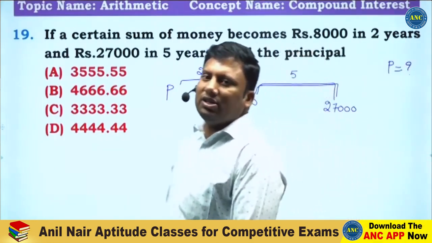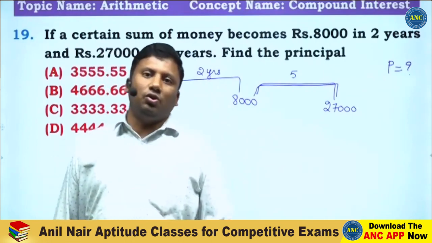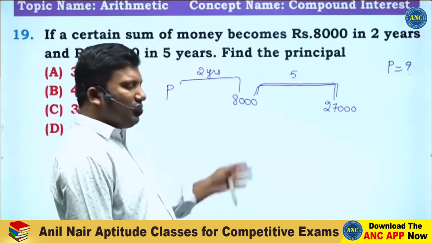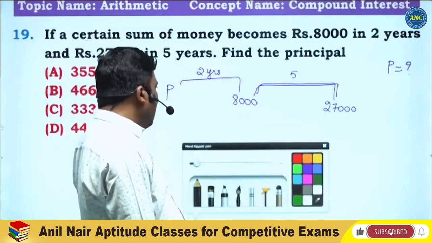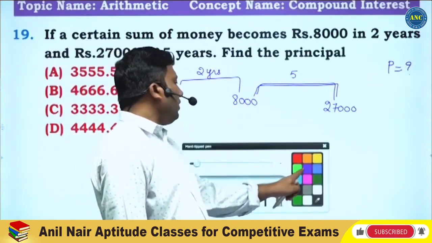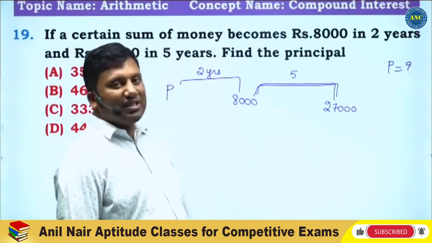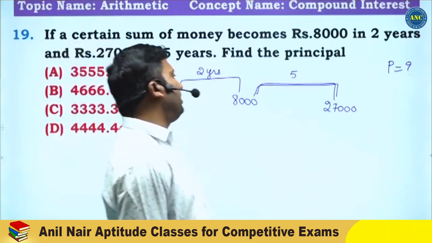A certain sum is becoming 8,000 in 2 years and 27,000 in 5 years. It is a regular question which you will find in any quant textbook. Find the principal.